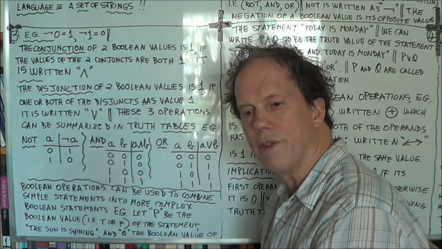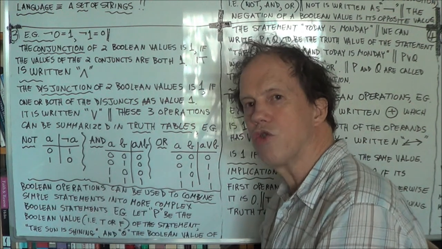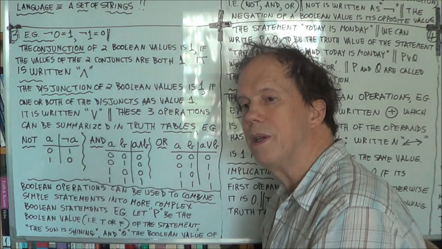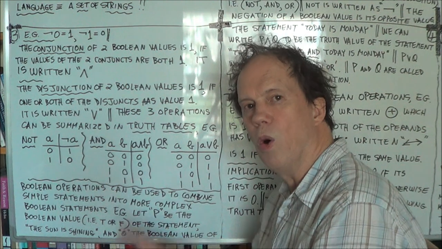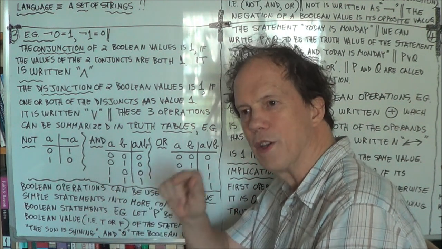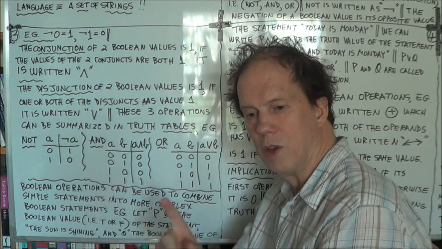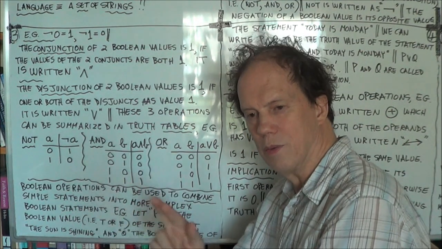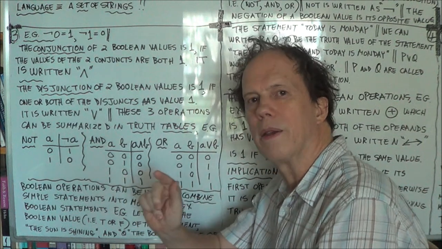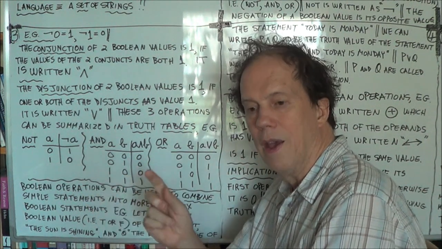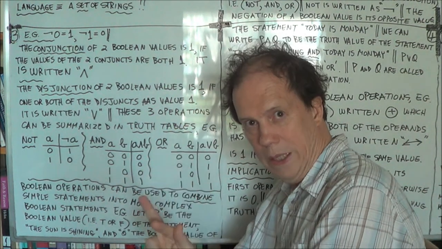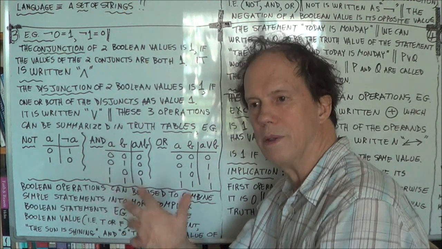So if one of x or y is true, or 1, then the OR of x and y, x or y, will be 1. So if x is 1, then x or y is 1. Now if x and y are both 1, x or y is still 1.